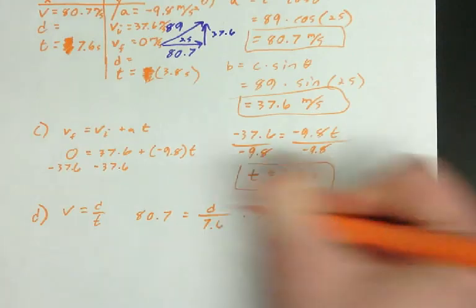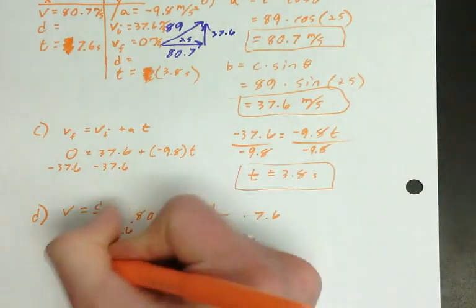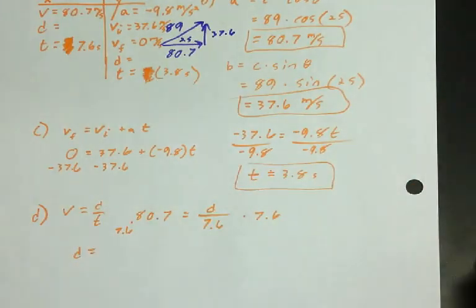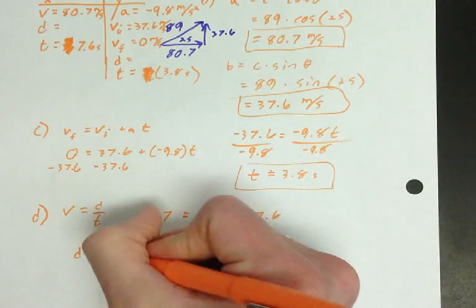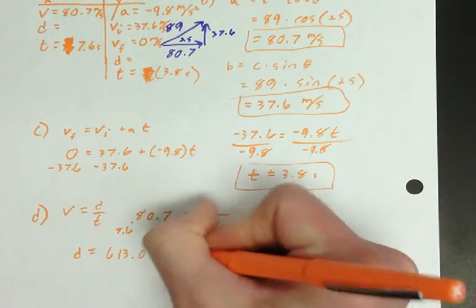Multiply 7.6 to both sides, and I get a displacement of 613 meters.